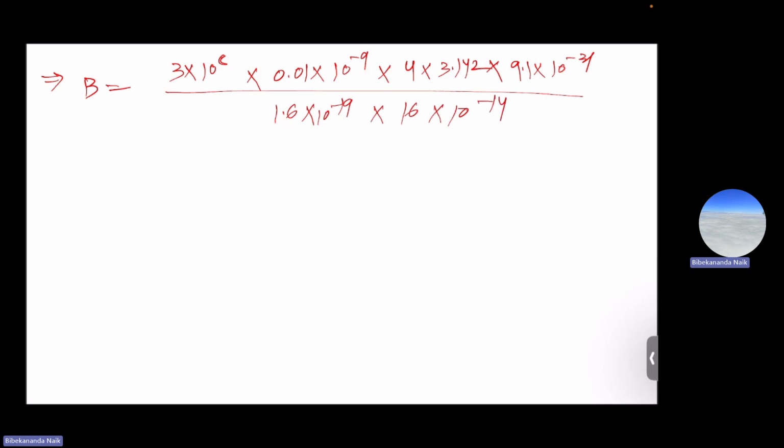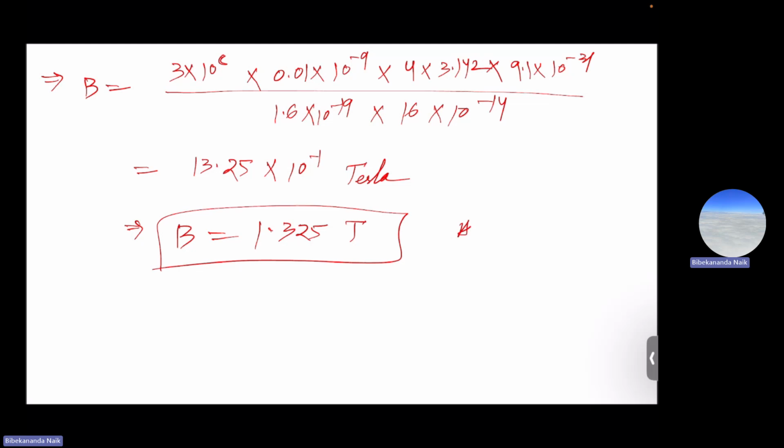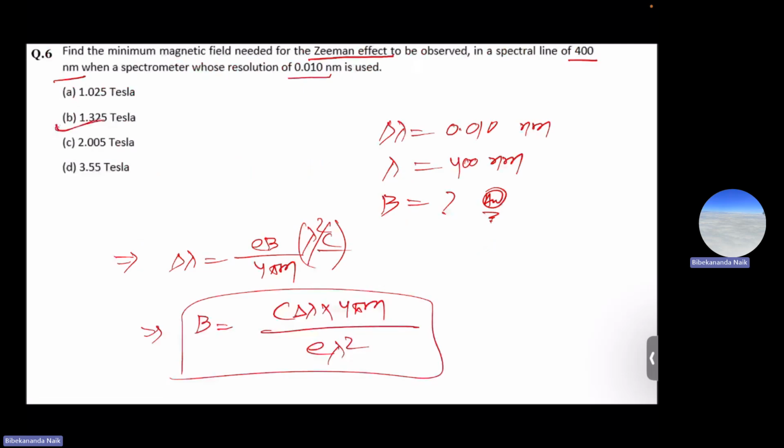So it is 400 nanometers, so 400 square into 10 to the power minus 18. So we can write it as 4 square into 10 to the power minus 14. If we calculate it, it will come out to be 13.25 into 10 to the power minus 1 Tesla. So B is 1.325 Tesla. So the correct answer will be option B, 1.325 Tesla.